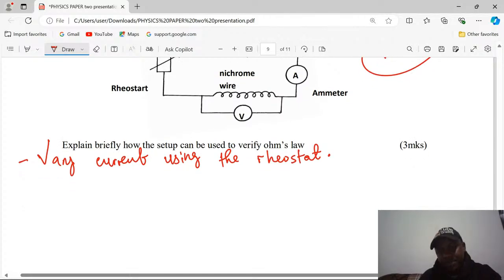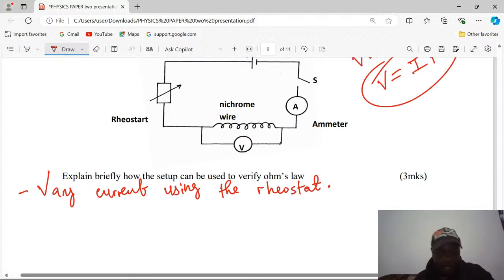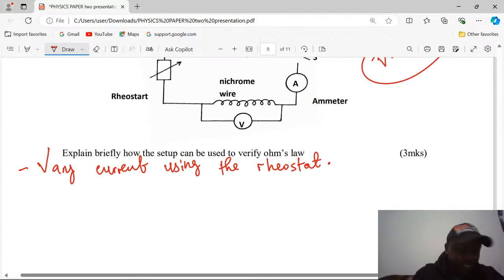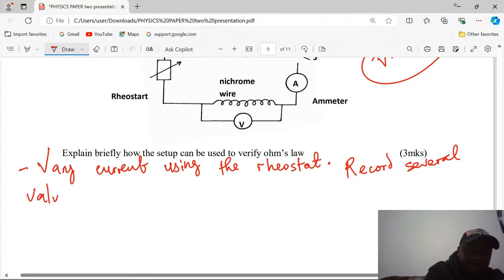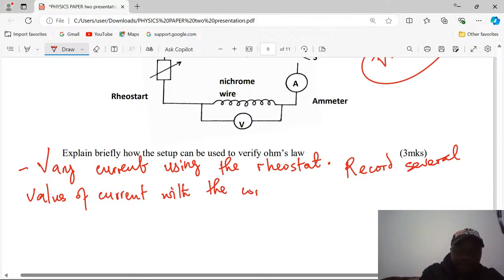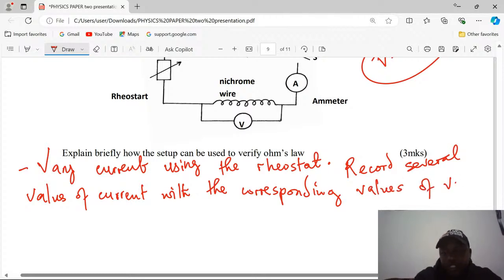Then after that, you can now record several values of current with the corresponding values of voltage.